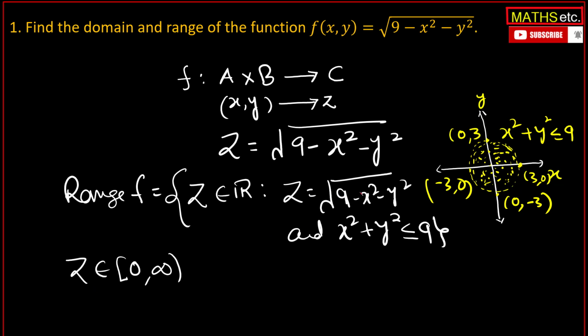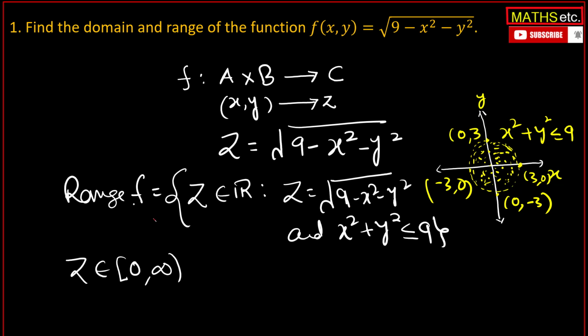Now let us go back to our rule. z will be maximum when the x and y values are minimum. And what is the minimum value of the (x, y) ordered pair? It will be when x is 0 as well as y is 0. It means the origin, the point at origin, right? So the maximum value of z is the square root of 9, that is 3.